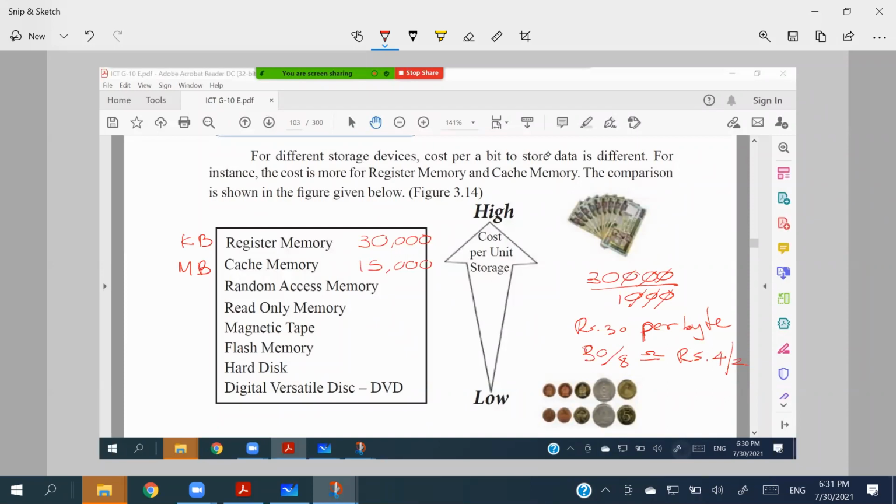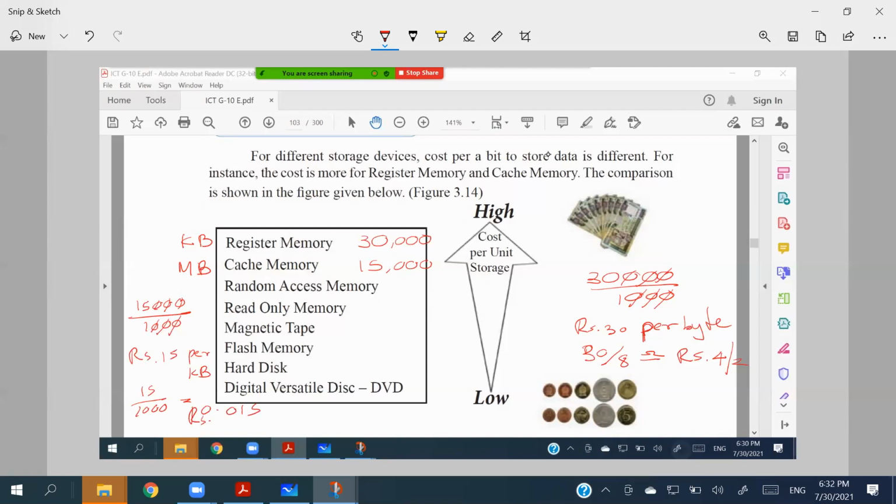If you do the math, 15,000 divided by 1000 will give you 15 rupees, but that is per kilobyte, right? If you are going to calculate this per byte, again you have to divide 15 by 1000, which will cost you like 0.015 rupees.